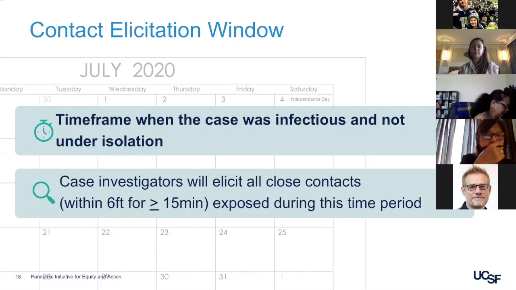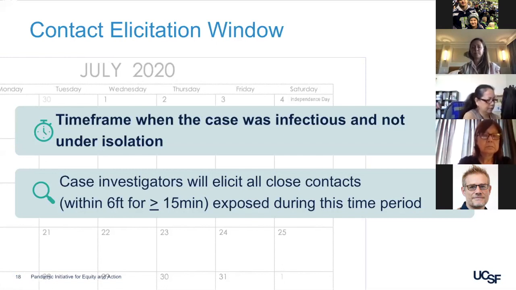Within this window of time is when we will collect all close contacts exposed, remembering the definition of a close contact being within 6 feet for at least 15 minutes cumulatively, maybe 10 minutes in the morning, 10 minutes in the evening.